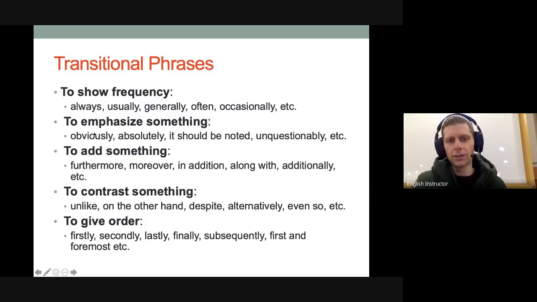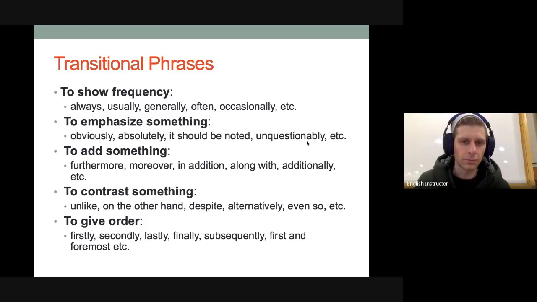So things like obviously, absolutely, it should be noted, undoubtedly, unquestionably, anything that kind of drives home the point, like we were talking about earlier with our persuasive adverbs. But here we're emphasizing to the reader that this is pretty clear, like it should be obvious.